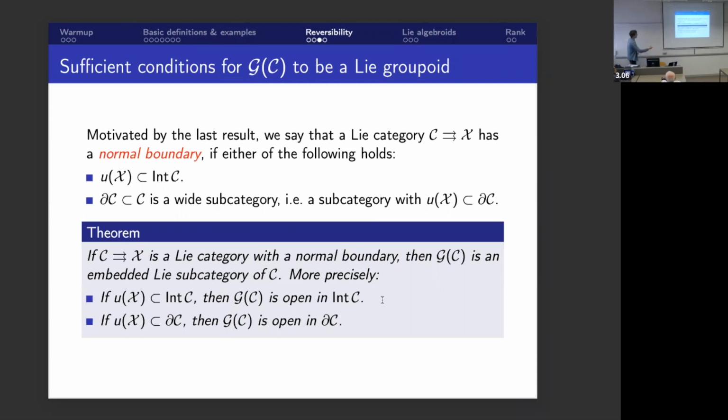So what was Ehresmann's version? Monoids? No, he was also talking about Lie categories, but he did not permit C to have a boundary. So the set of morphisms was just a manifold without boundary. And then this condition is automatically satisfied, so that the core must be open in the category.